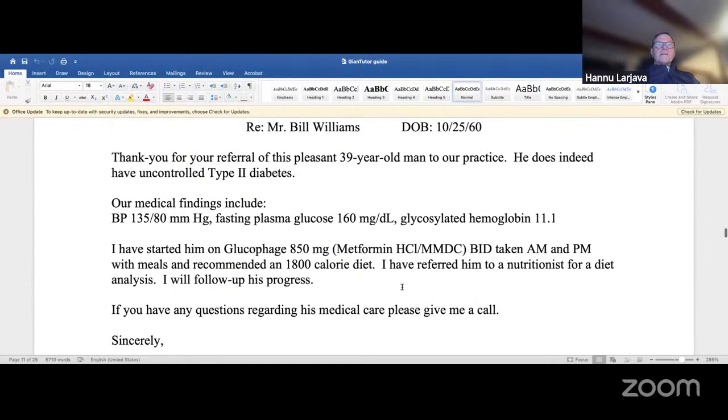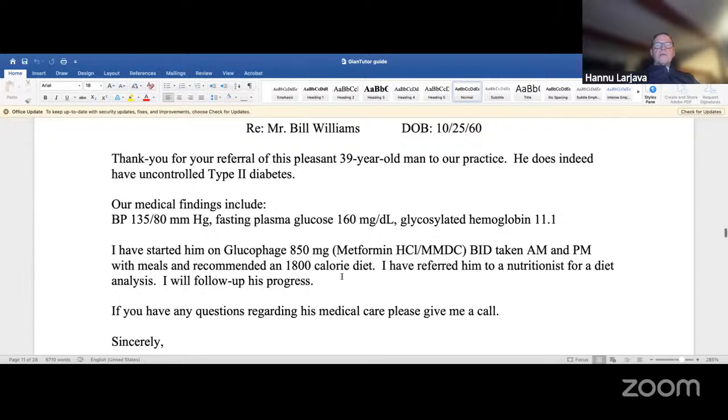Fasting plasma glucose level is 160, glycosylated hemoglobin 11.1, and as we have discussed, we would like this to be closer to 6 than 11, so clearly he's not controlled. He has now started the metformin treatment and some dietary information given, and an appointment with the nutritionist and so forth.